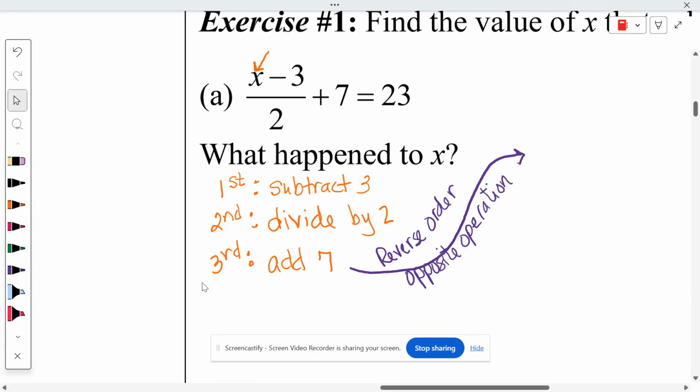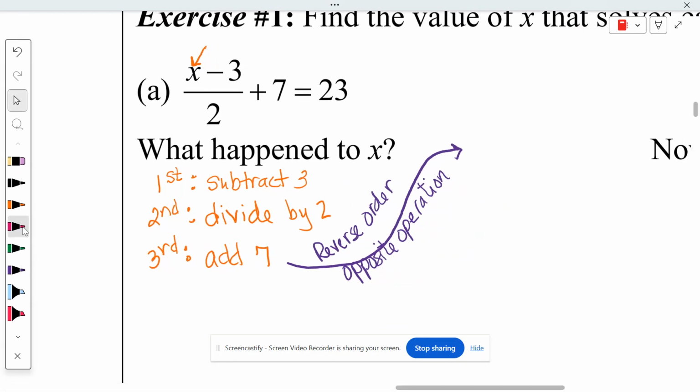So I like to list them. Whatever you did last, you're going to do first. So add 7, but the opposite of adding 7 is subtracting 7. So we're going to minus 7. The second thing that we're going to do is divide by 2.